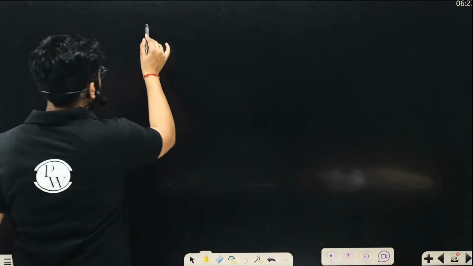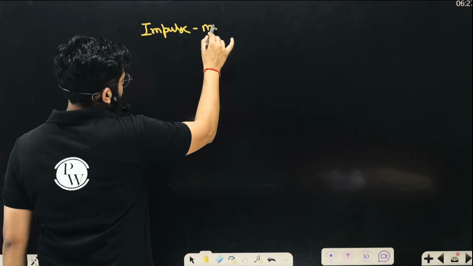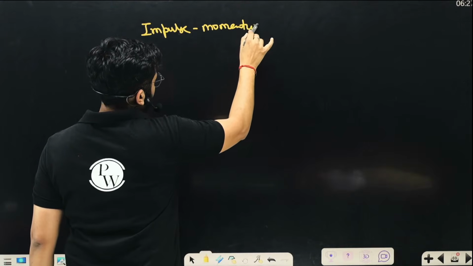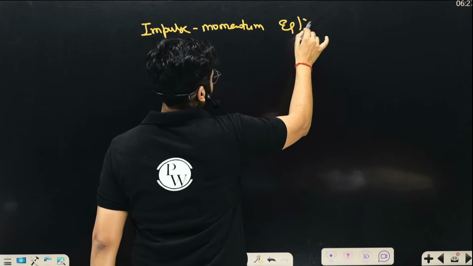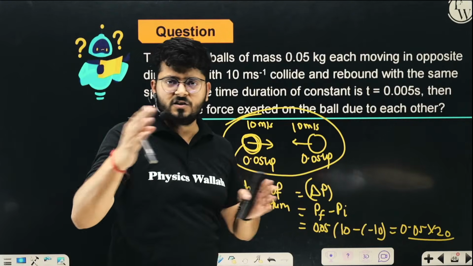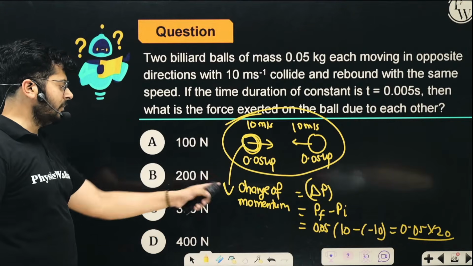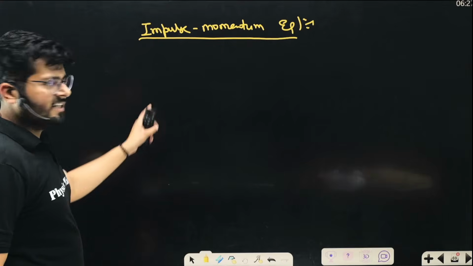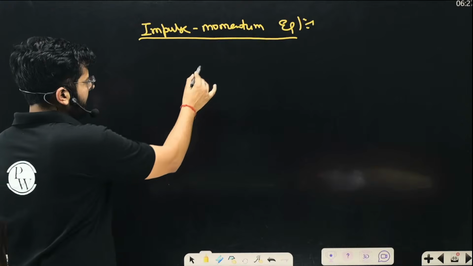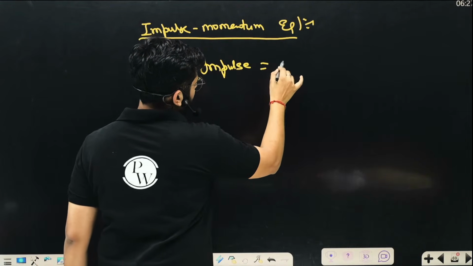So by the impulse momentum equation. Why was this not the force? Because force is not just the change of momentum. Force is the rate of change of momentum, my dear kids. We have just calculated the change of momentum, and we know that the impulse acting on the body is equal to the change of momentum.